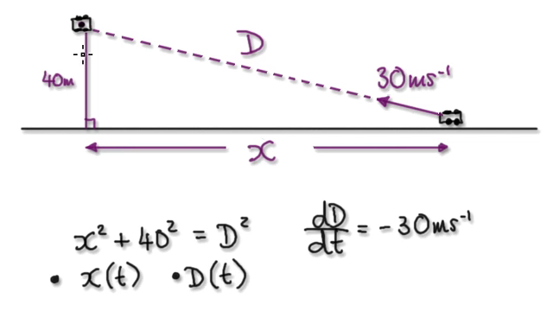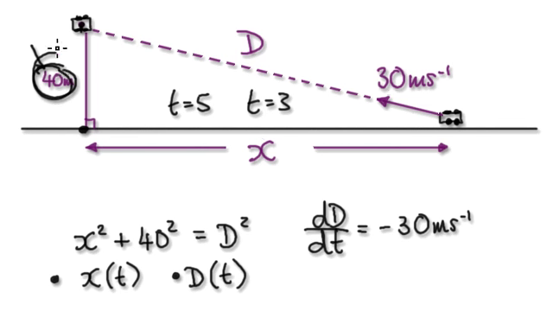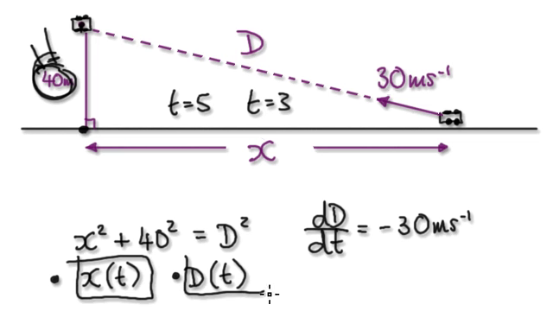But as time moves on, this 40 doesn't change. After 3 seconds, the police car will still be 40 meters away from the road. When t equals 5, let's say, the distance between the police and the road is still 40. 40 is a constant. The thing is, x is a function of time, and capital D is also a function of time.